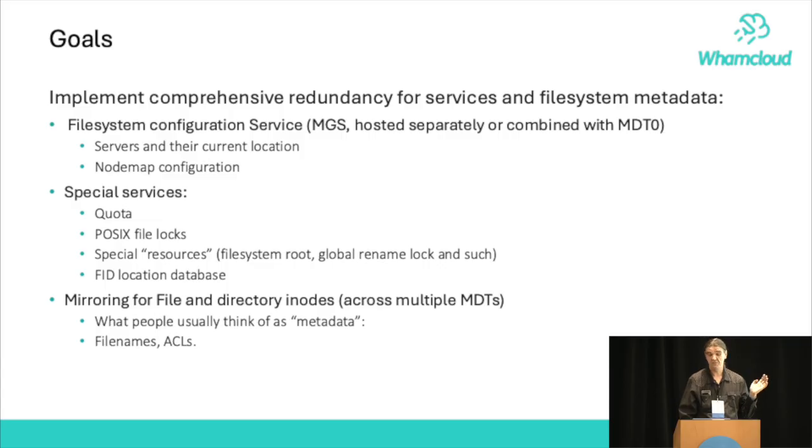Then there are special services like Quota, the POSIX file locks for people that use them, other special resources like the file system root, the global rename log, those kinds of things. And then finally, the mirroring of the actual file and directory inodes, the file names, ACLs, that lots of people still refer to as metadata in traditional file systems, but yeah, we still have much more stuff.